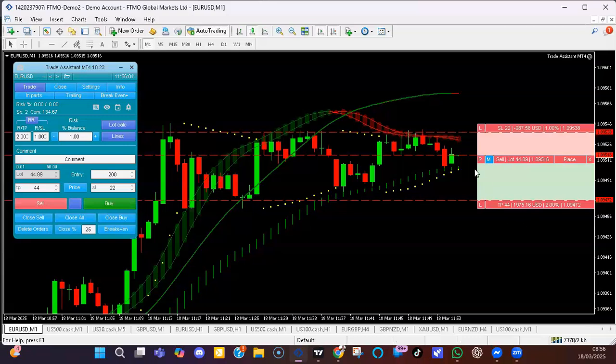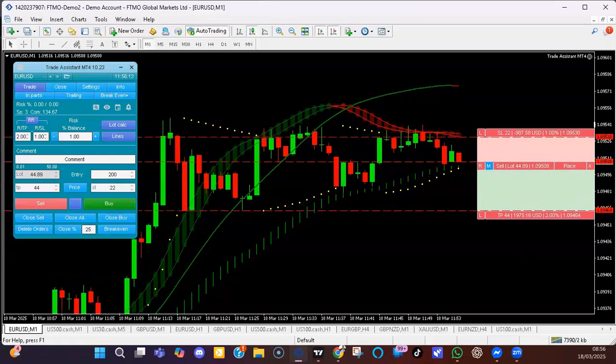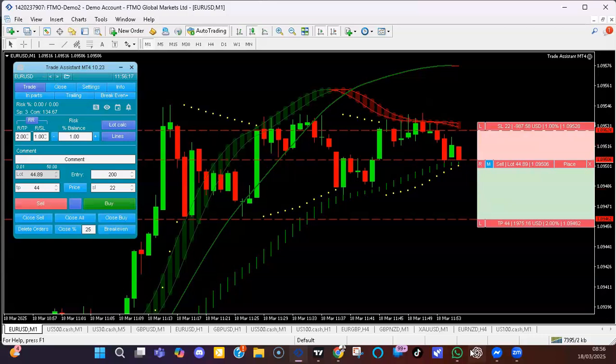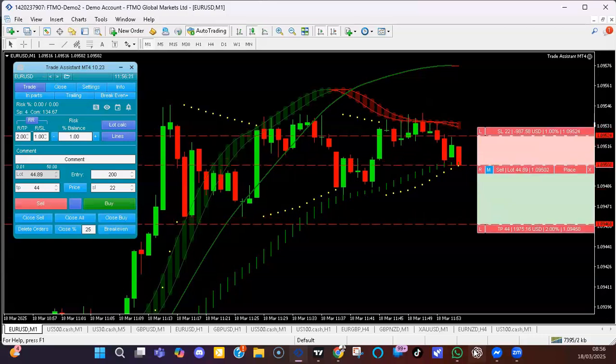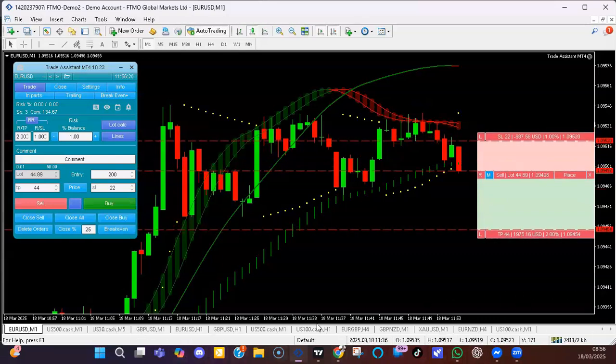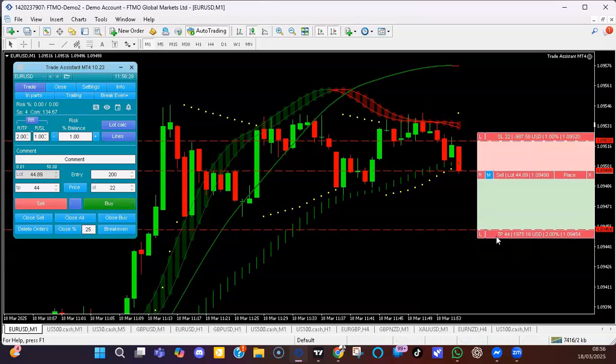There we go, the trend line's gone red again. So it's on the cusp. Right, so the parabolics flipped above.